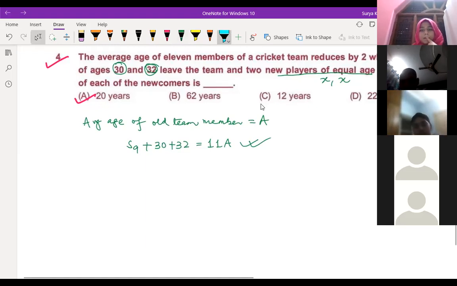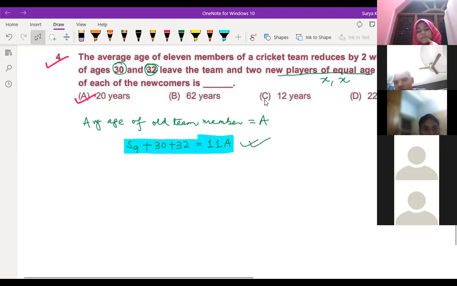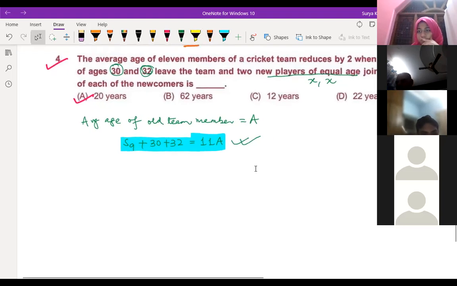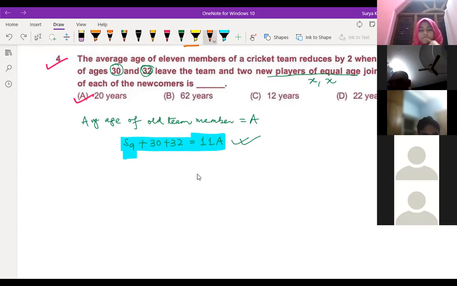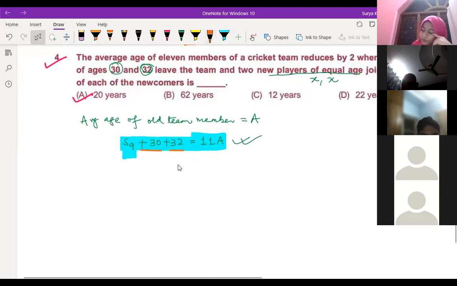What I have written here, S9 means we don't know which 9 members are there and what their ages are. These are common. We have to remove 30 and 32 because they are going out. That's why I'm mentioning them separately. Why did we mention this separately? Because we are going to remove these two people. Now what is happening here?